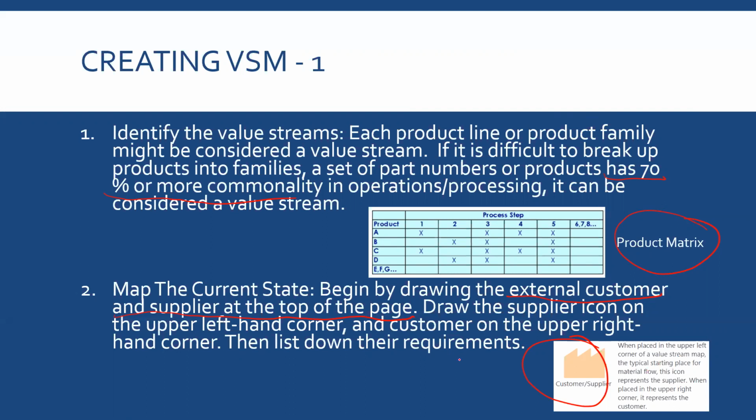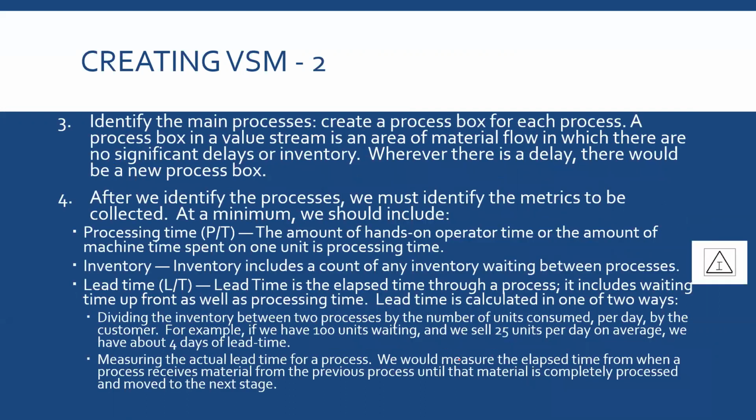Number 3, identify the main process. Create a process box, which is basically a rectangle. This is process A. Then create a process box for each process.